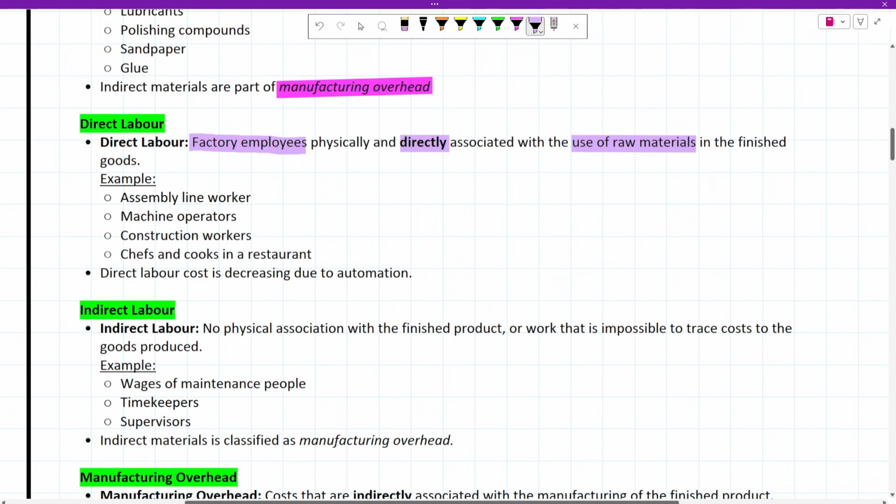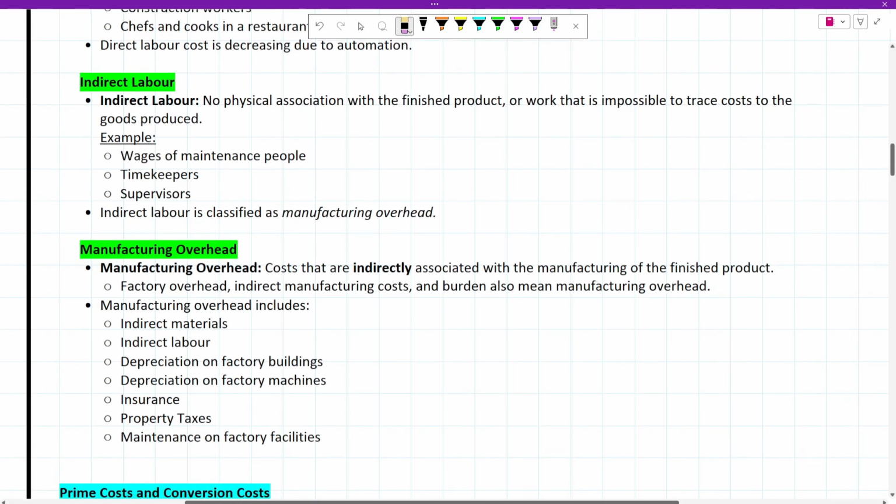An example of this is assembly line workers, machine operators, construction workers, and chefs and cooks in a restaurant. Direct labor cost is decreasing due to automation, and that's just something to be aware of in the future. So indirect labor has no physical association with the finished product, or the work is impossible to trace cost to.